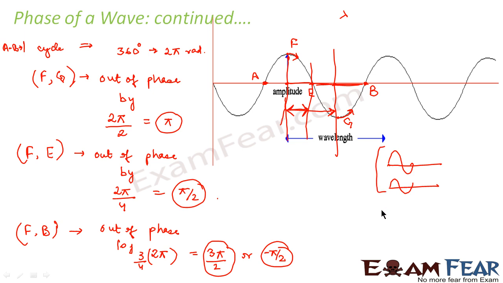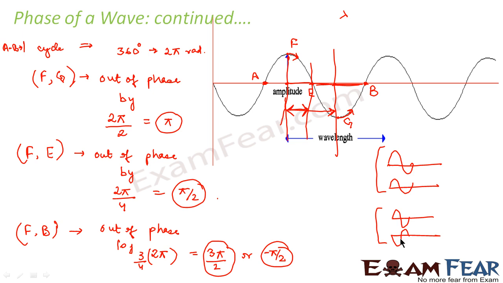Similarly, if you take another pair of waves like this, one wave and another wave, every point on this wave is completely out of phase to every point on the other wave. So we say that these two waves are completely out of phase.